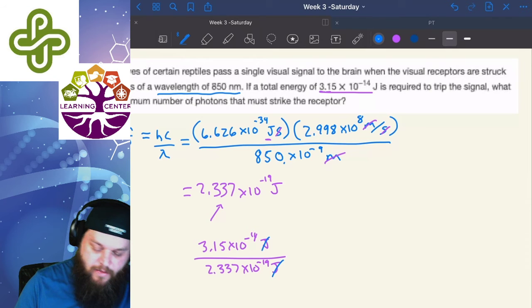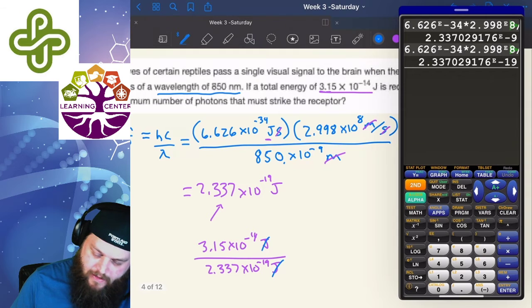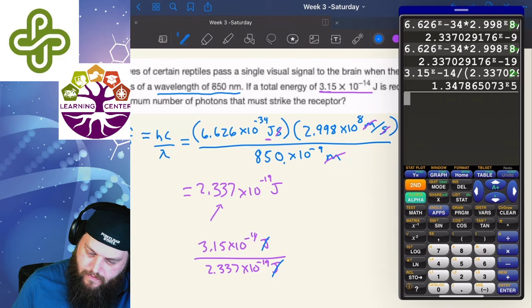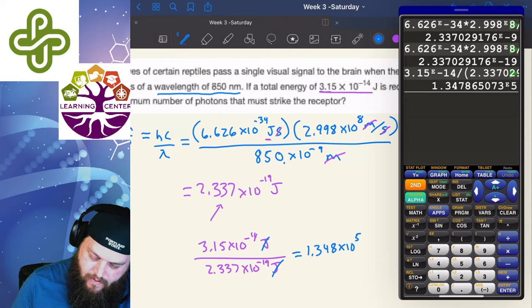It's essentially a number of photons we're looking for, but it should just be a number. And now we can divide. So 3.15 e to the negative 14 divided by, parentheses, this number up here. There we go. This is equal to 1.348 times 10 to the 5 photons, we'll say.